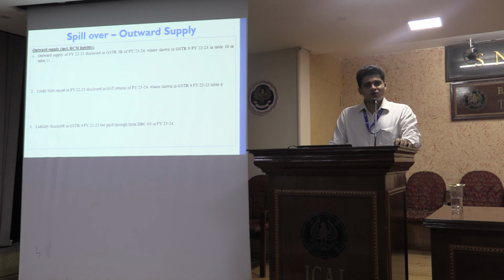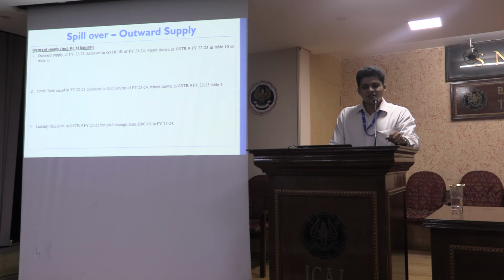So first and foremost situation, outward supply of financial year 22-23 disclosed in GSTR 3B of 23-24, where it is shown in GSTR 9 of 22-23 in table 10 or 11. So assume it could be invoice, it will be table 10, RCM liability table 10, credit note, reduction of liability table 11.